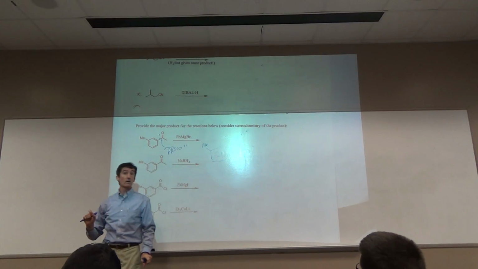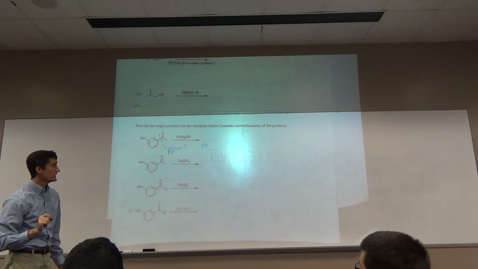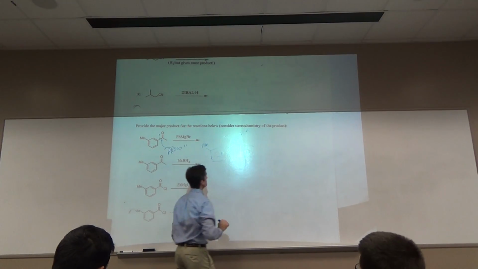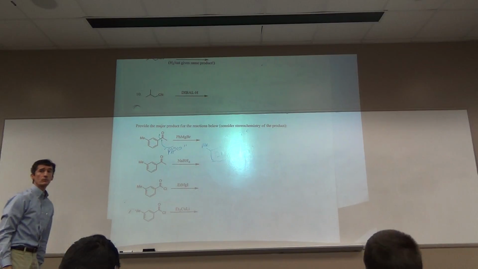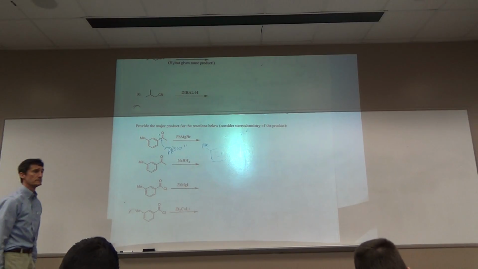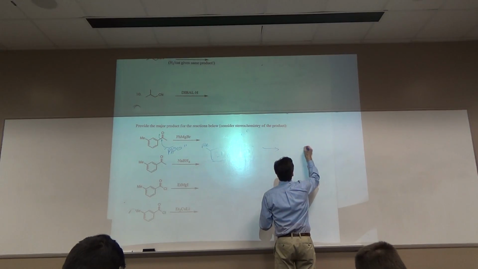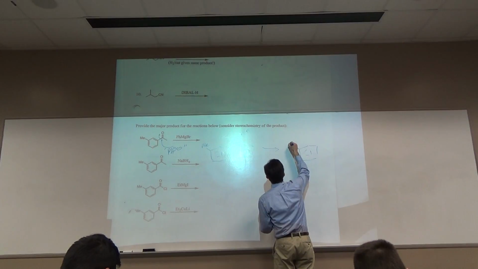If it can, it will. But are we going to kick off any of these groups there? No. Game over. That's it. All you can do is throw in water and extract or something. What are we going to get? You're just going to protonate with some type of aqueous workup or acid.